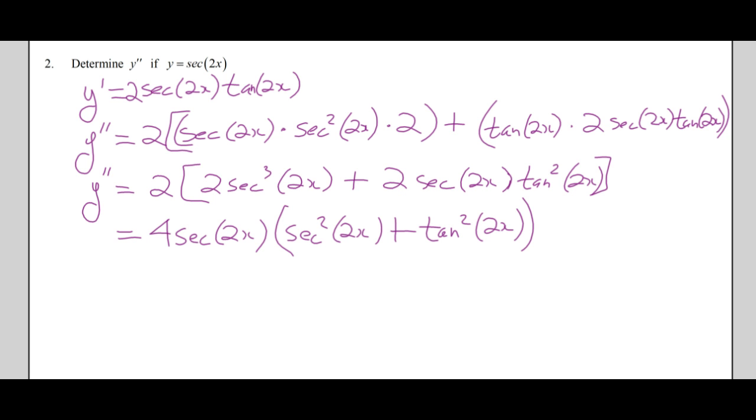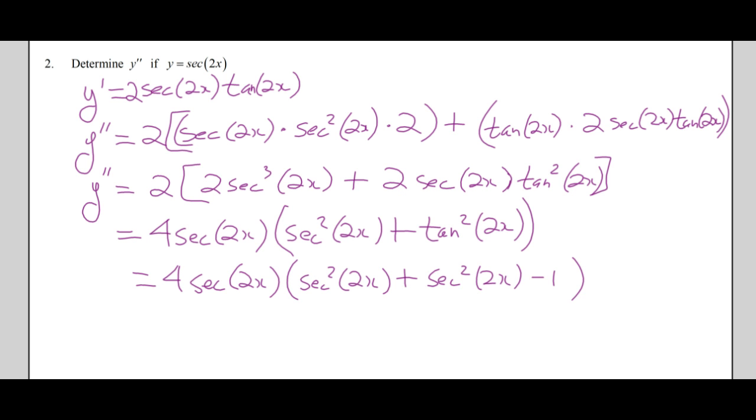Tan squared is secant squared minus 1. Okay, so then we could write this as a sec squared 2x plus sec squared 2x minus 1.